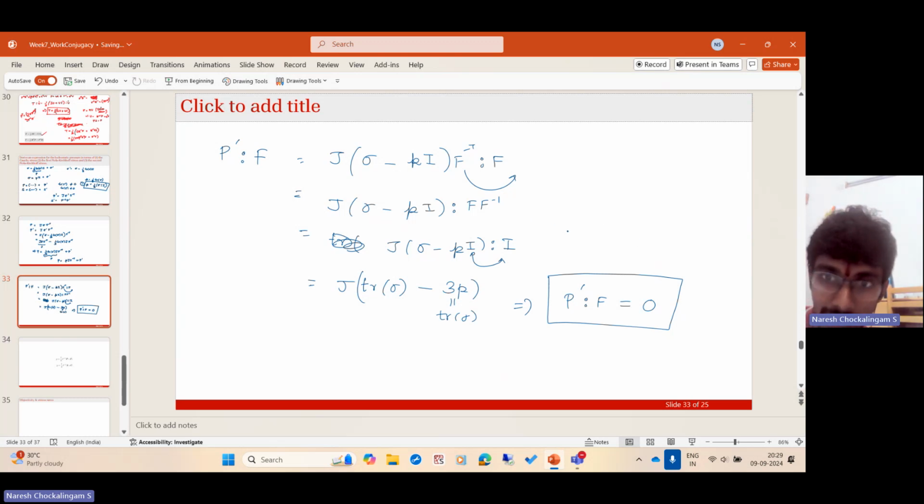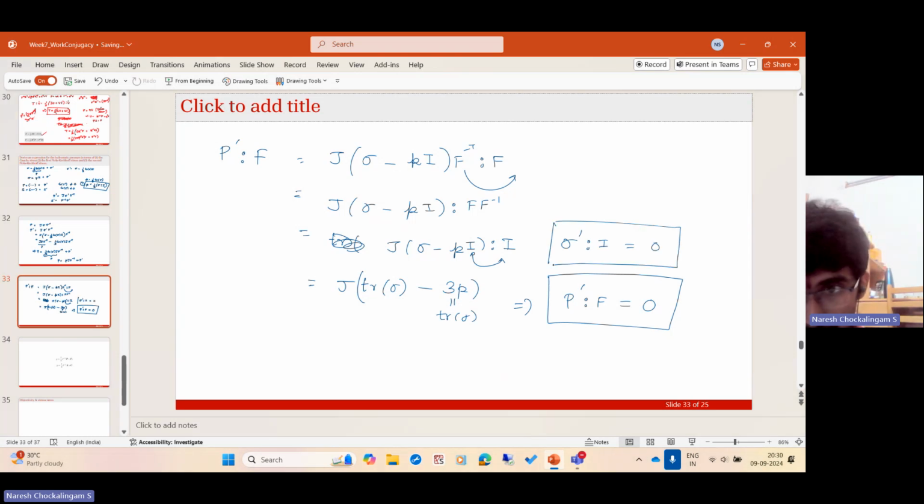We also know the other orthogonal relation, which is sigma dash contracted with I is equal to 0. So the trace of the deviatoric tensor is 0. And we have S dash contracted with say C, right? What is it? This is F inverse J F inverse sigma minus Pi F inverse transpose contracted with C. C is F transpose F. Take everything to the other side.